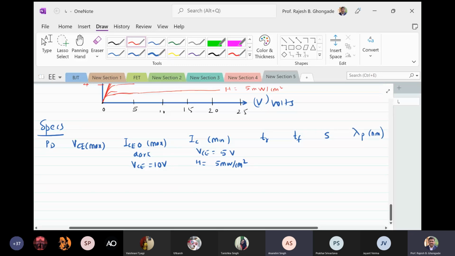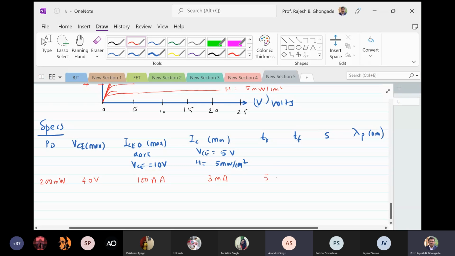So the typical values are like 200 milliwatt, VCE is 40 volts, it is 100 milliampere, sorry, 100 nanoampere. This is 3 milliampere.